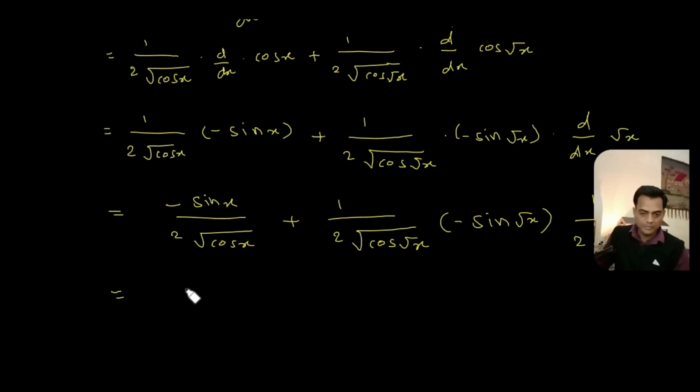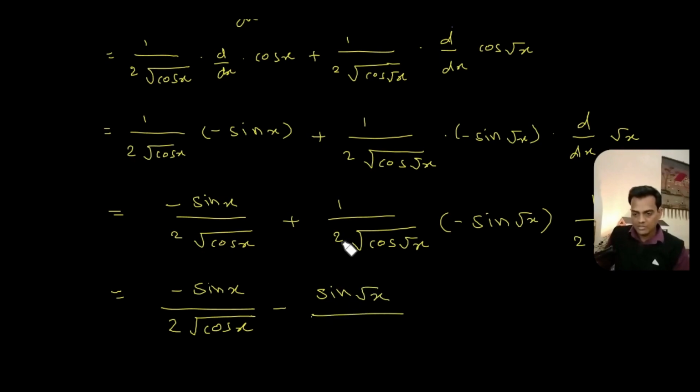It is equal to minus sine of x divided by 2 square root of cos x plus, I will take this minus and this minus, which is equal to plus. So sine of square root of x divided by 2 into 2, which is 4, and square root of cos square root of x into square root of x.